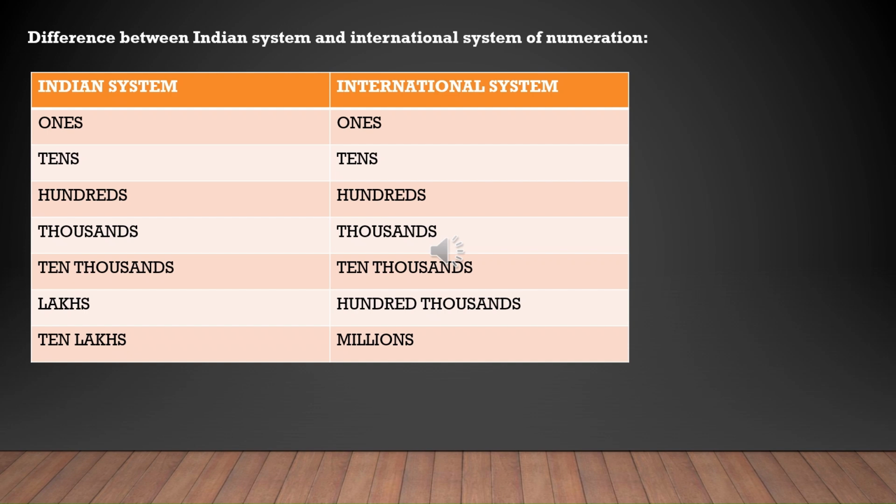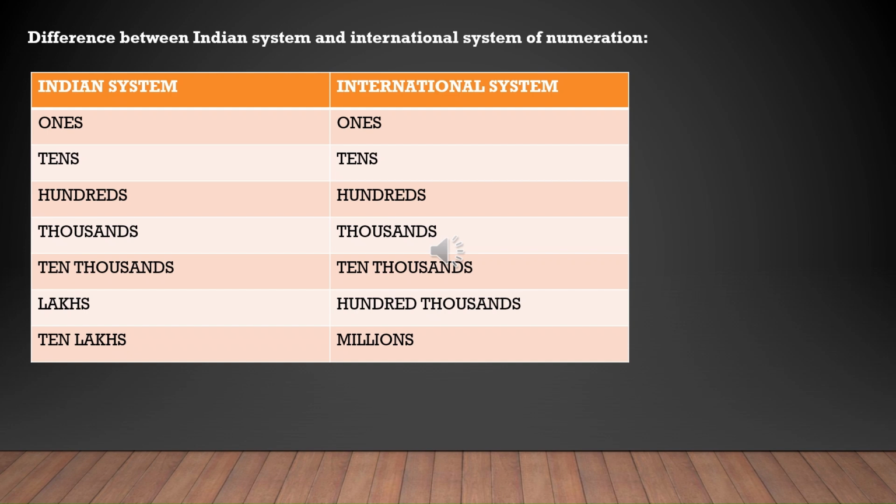What is the difference between the Indian system and the international system? The difference starts after the 10,000 place. Till ones, tens, hundreds, thousands, and 10,000, the systems are the same, but the representation from lakhs will change.